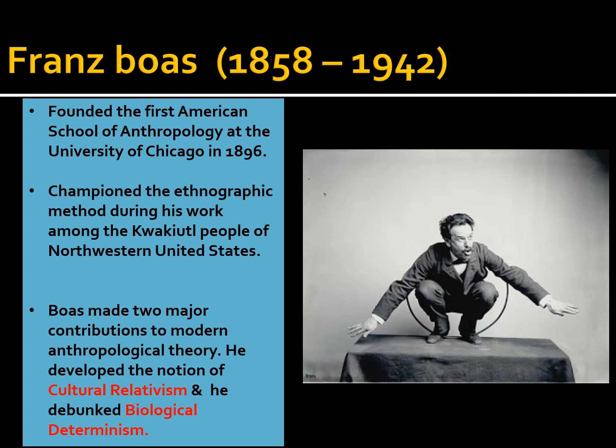He found that skull sizes and body proportions are more related to the environment and diet rather than some sort of innate genetic trait, right? Remember, he also championed the ethnographic method during his field work amongst the Kwakiutl people of the Northwest United States, right? And he developed that notion of cultural relativism as well as historical particularism.